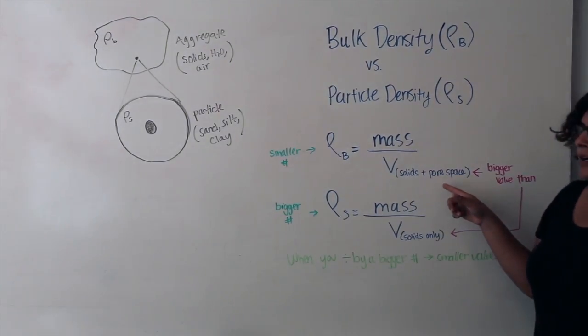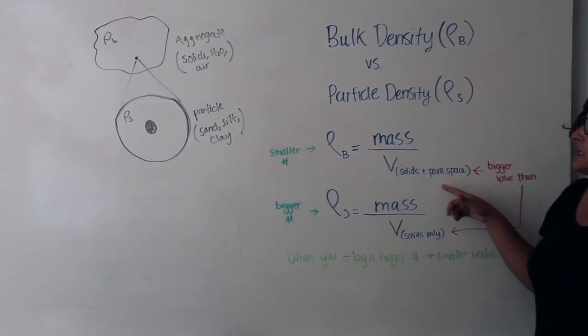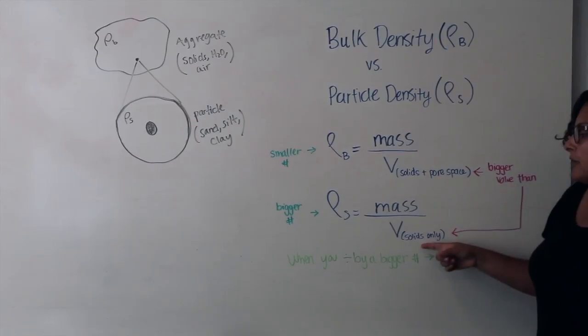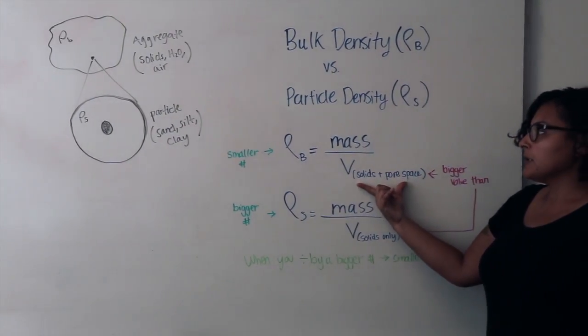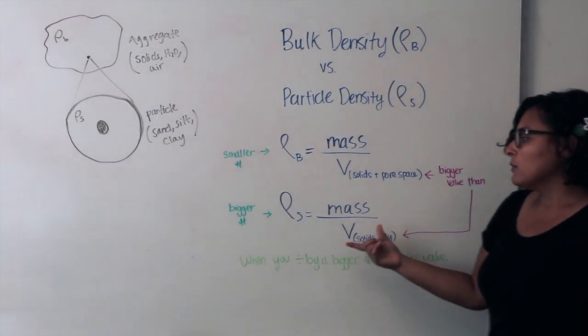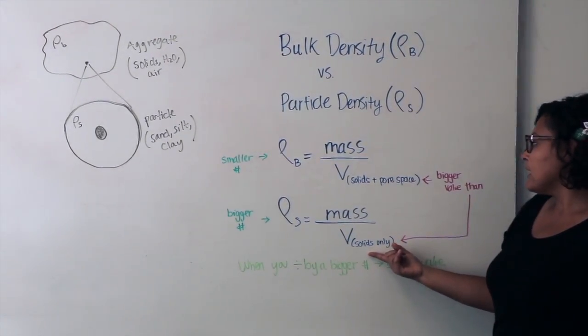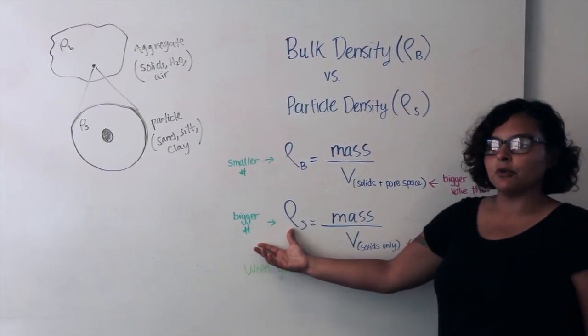So if you look back here, the volume of solids in the pore space is going to be greater than the volume of the solids alone. So dividing by a bigger number here is going to give you a smaller bulk density value. Where here, dividing by a smaller number gives you a bigger value for your particle density.